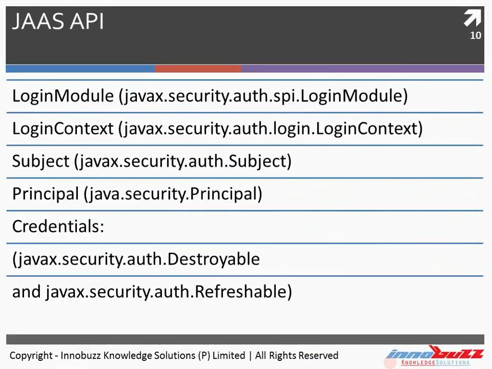As said, all these components clubbed together will give you the JAS API within the framework, where you have the login module. It is from the package javax.security.auth.spi.LoginModule. The login modules are written by implementing this interface.